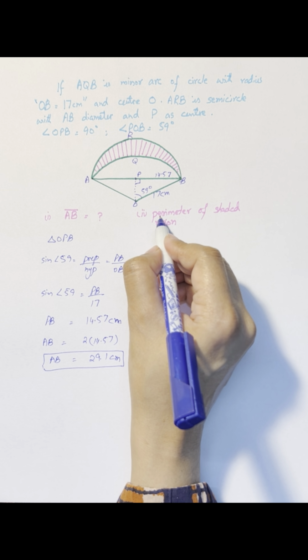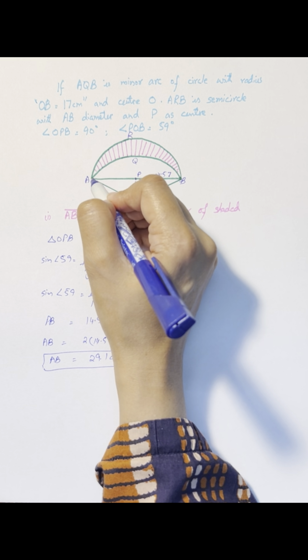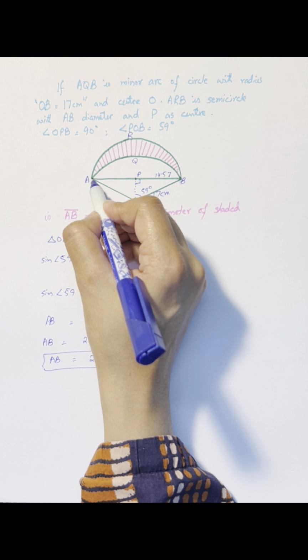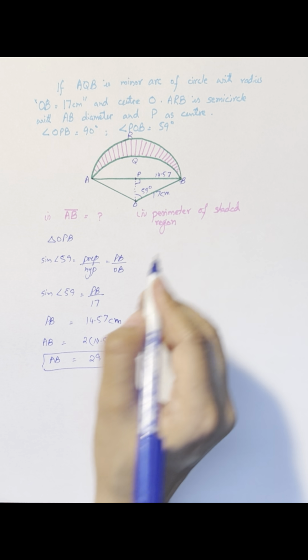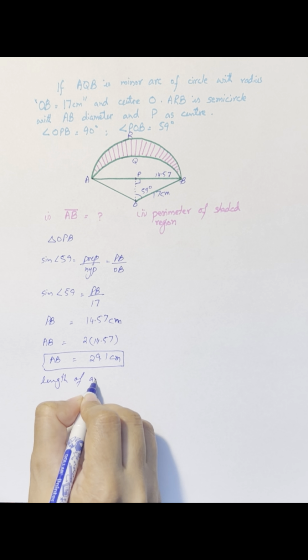Now we have to find the perimeter of the shaded region. What is perimeter? It's basically the boundary. First of all, we should find the length of ARB and then the length of AQB. Adding these two, we get the desired result. So first, we find the length of arc AQB. Its formula is angle AOB over 360 degrees into 2 pi r.